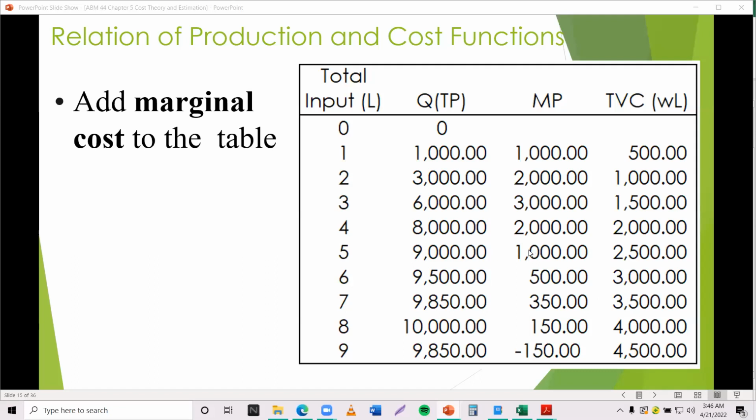Let's look at this table: we have input, quantity, marginal product, and total variable cost. It is a function of the input, the total labor input. Let's look at how we calculate our TVC here.